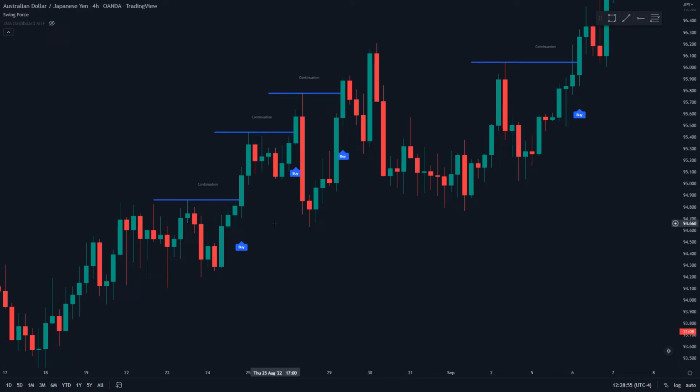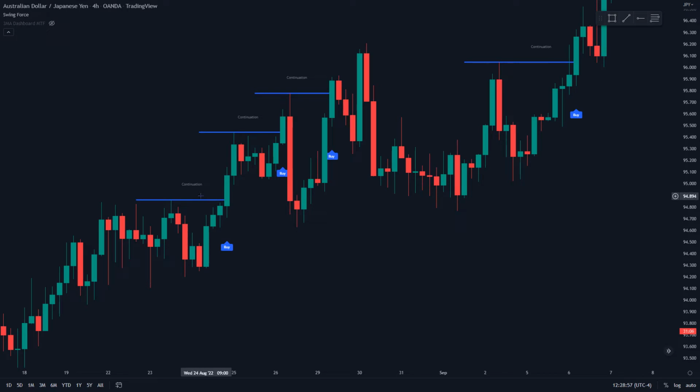What I like to do is, when this shows up on your chart, you're typically going to see price retest below this line before it makes another higher high.